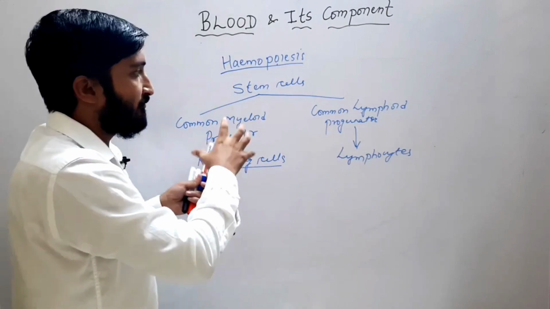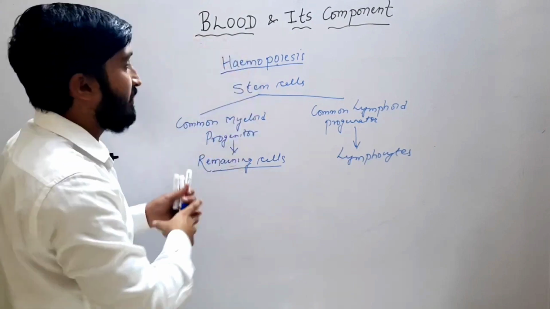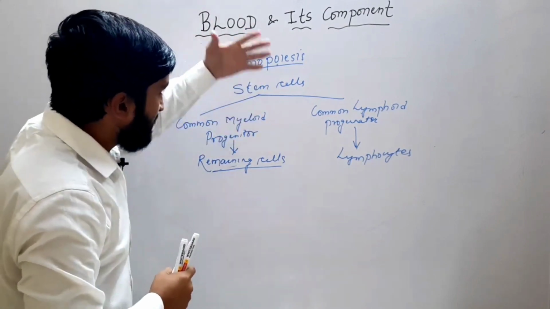So monocytes, eosinophils, basophils and neutrophils are formed from the common myeloid progenitor. So this is hemopoiesis, that is formation of these cells.